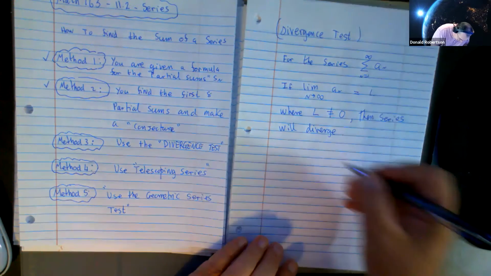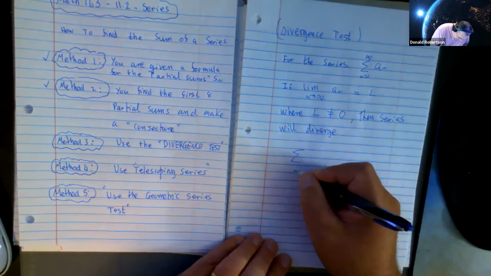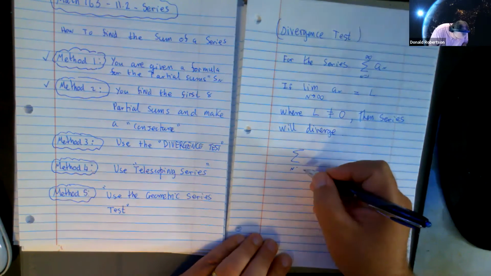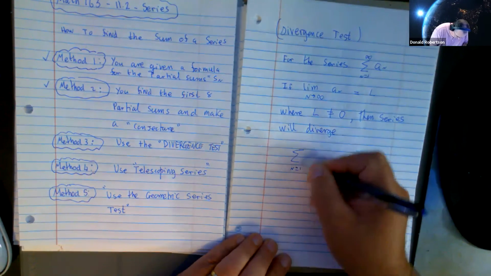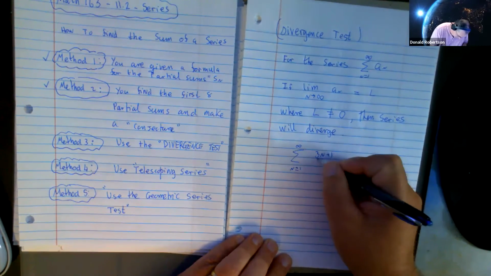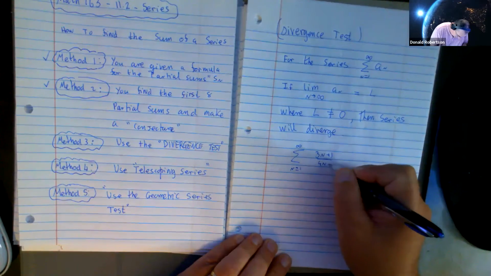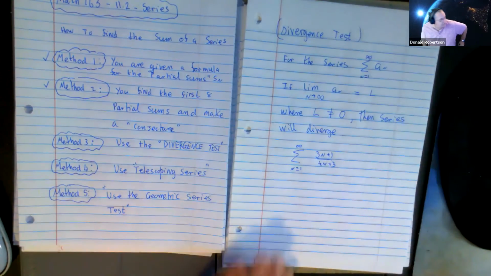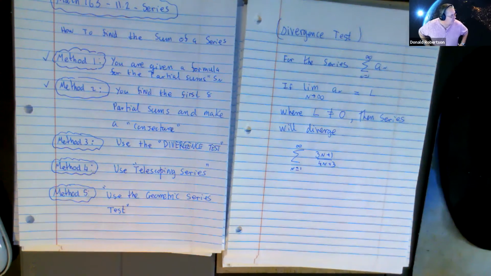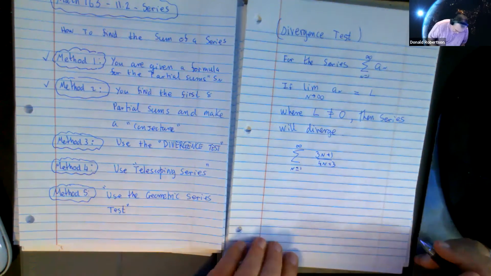Let me show you what that looks like. Suppose I do this series, n equals 1 to infinity. All I'm being asked to do is tell whether it's convergent or divergent.